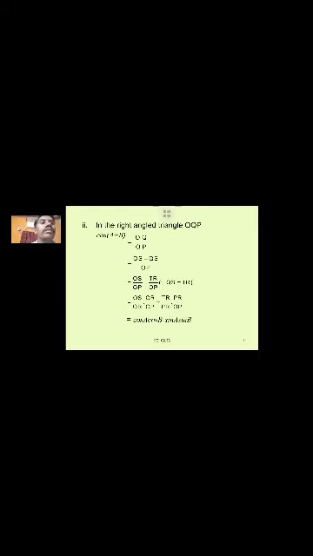In sin A plus B, the plus symbol comes on the right side also as plus, but in cos, the plus is changed to a minus. So cos of A plus B is cos A cos B minus sin A sin B.